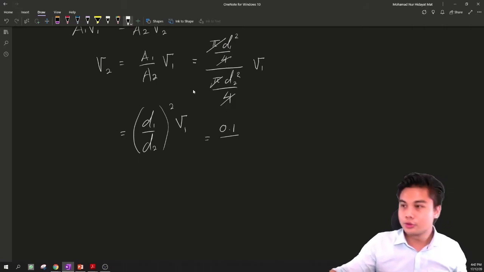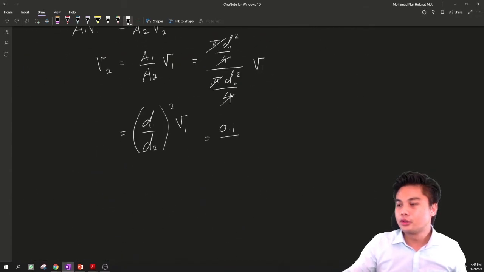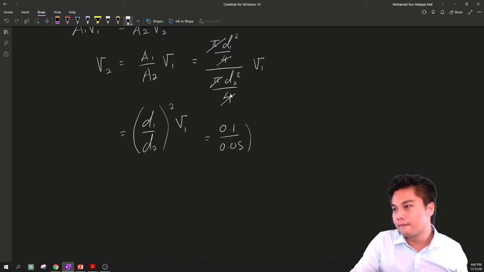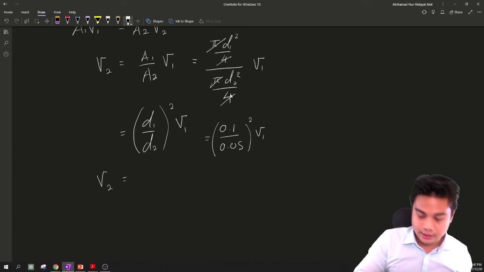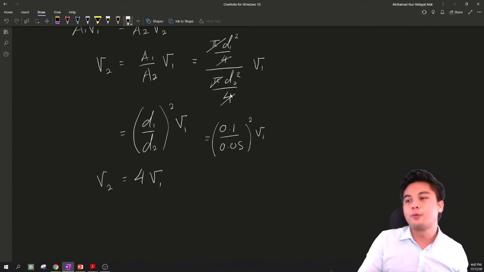Okay, given here, the diameter is 50 mm, so convert to SI unit, 0.05. The power of 2 multiplied with V1. So V2, we use the calculator, 0.1 divided by 0.05, the power of 2, which is 4 times velocity 1.